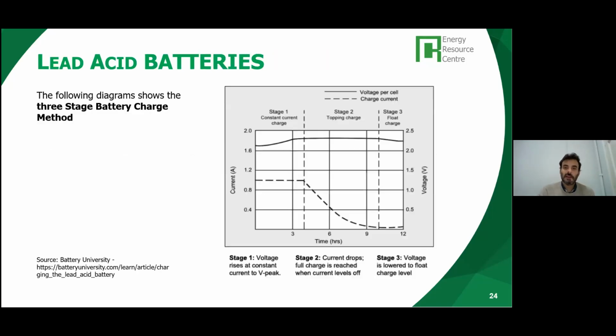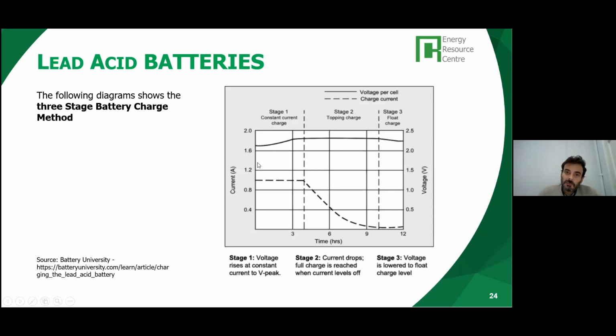Typically, we have three stages. What we call the bulk charge is stage number 1. The second is the absorption stage, and the third stage is the floating stage, finishing at the equalization point.